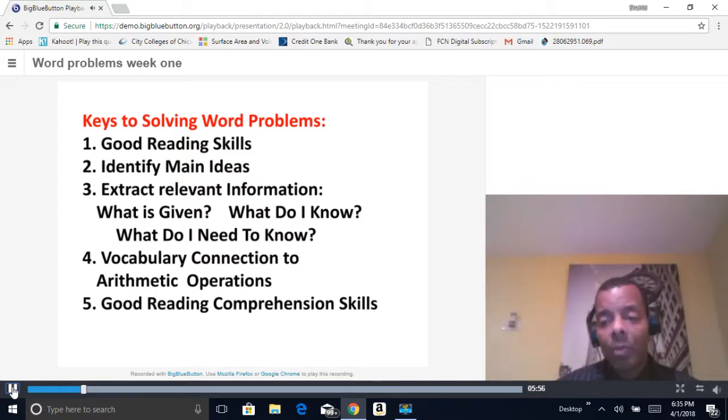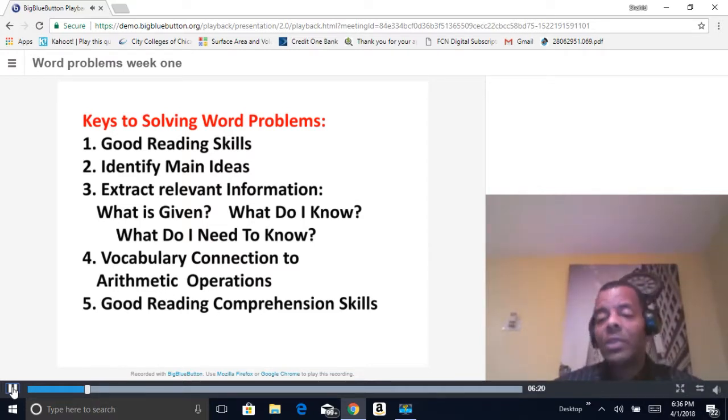The word problem is going to have a question mark at the end. Hopefully, they're going to ask you this, find this, what is this? So there's going to be a question in the word problem, and that's where you answer the question, what do I need to know? It may say, what is the height? It may say, what is the sum? It may say, how much is known or how much is required?